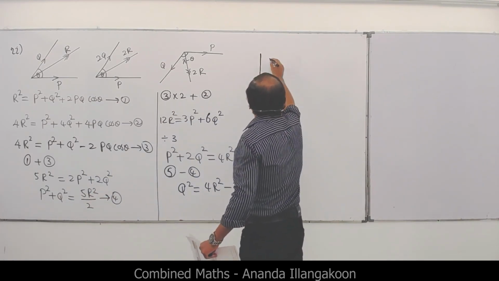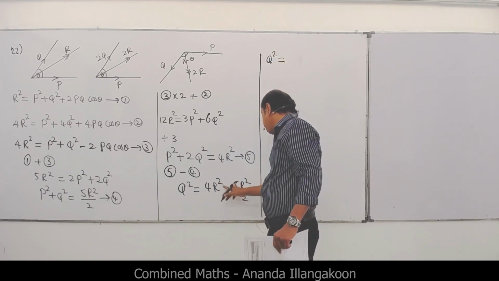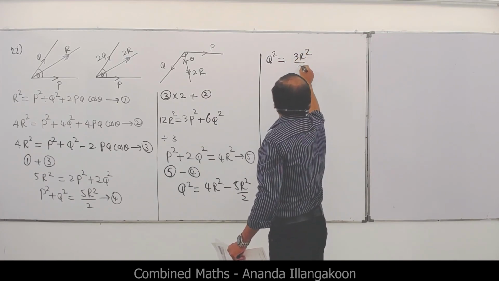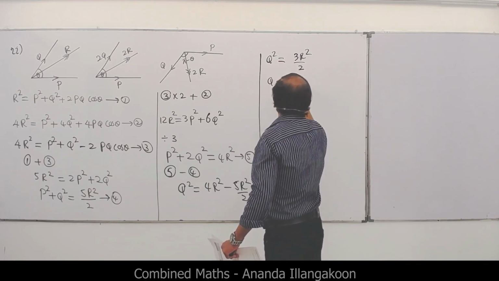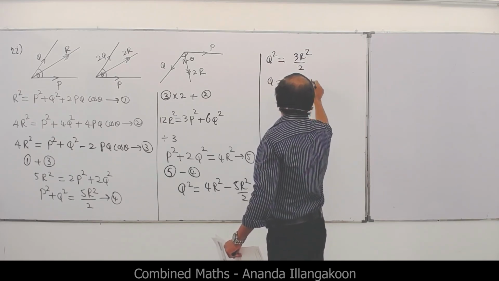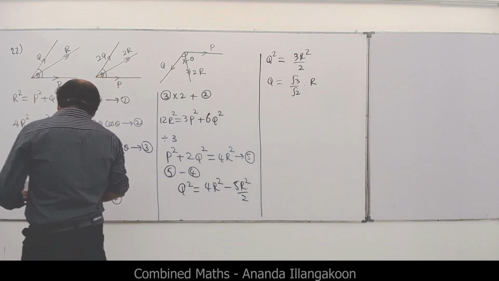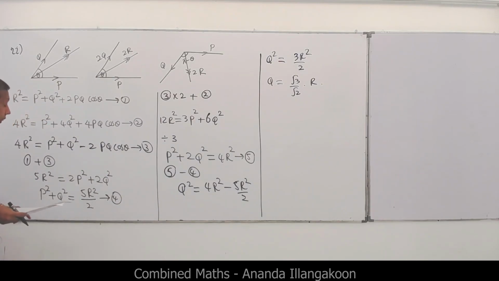Then we can write Q squared: take the common denominator as 2. 8R squared minus 5R squared is 3R squared by 2. Then we can write Q as root 3 by root 2 into R. That is how we take Q. If you know this Q, I can find this P by number 4.